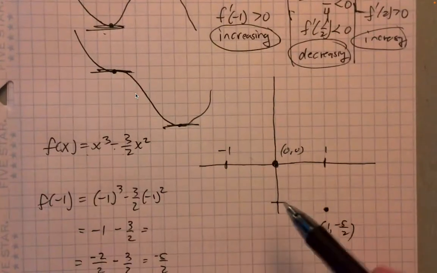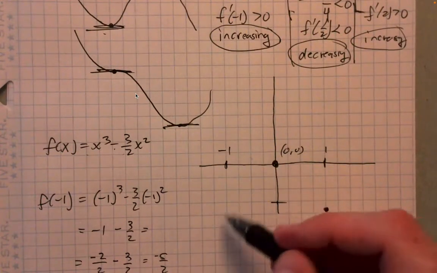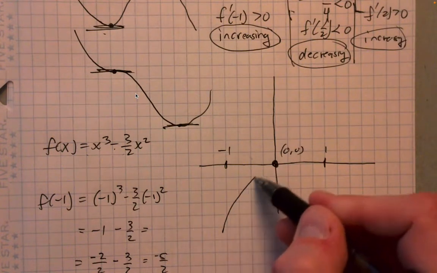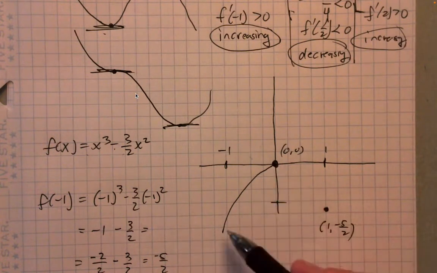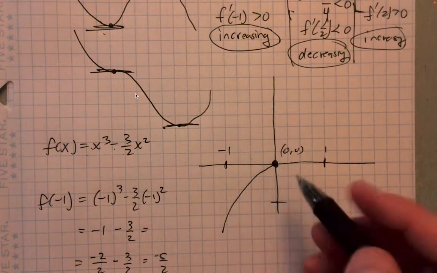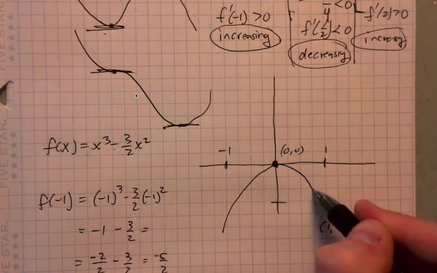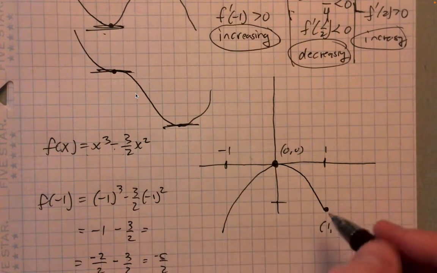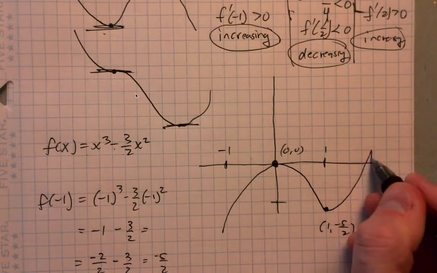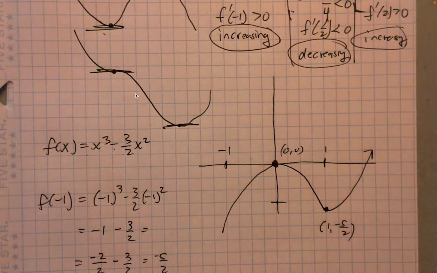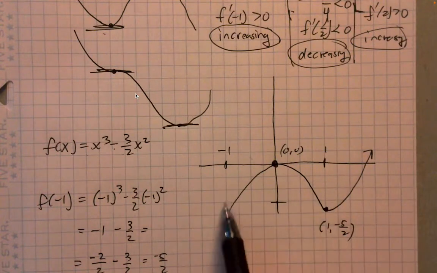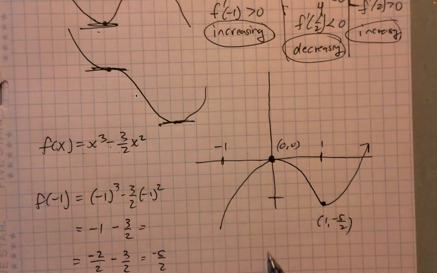Okay, and so what's happening with the function? Well, we don't know a lot about the actual slopes, but what we do know is that it comes up to here, and then it turns around, it comes back down to here, and then it turns back around again and goes back up. We have no idea what happens after that, but we know that these intervals are as described.